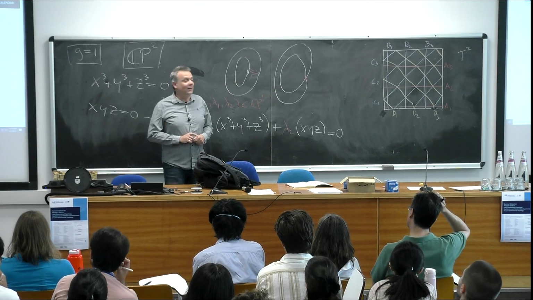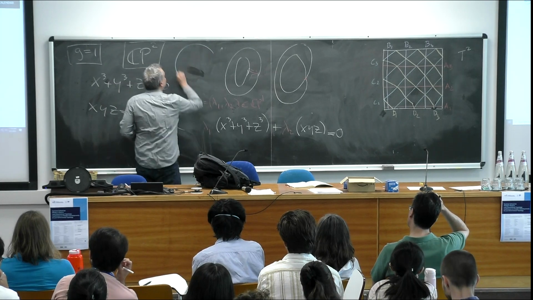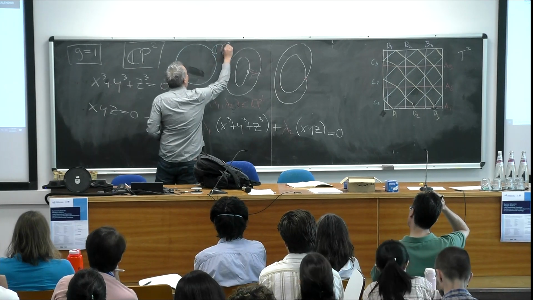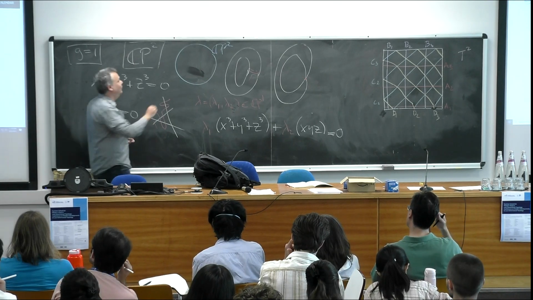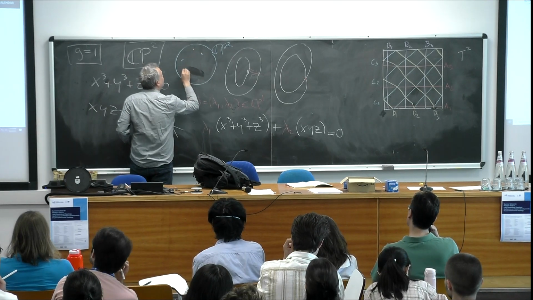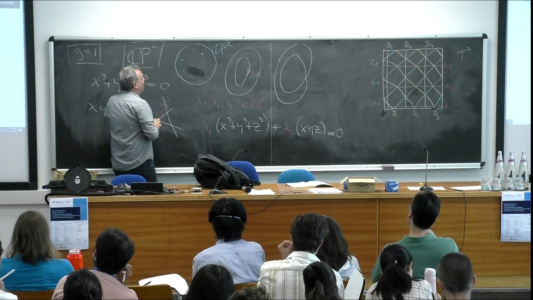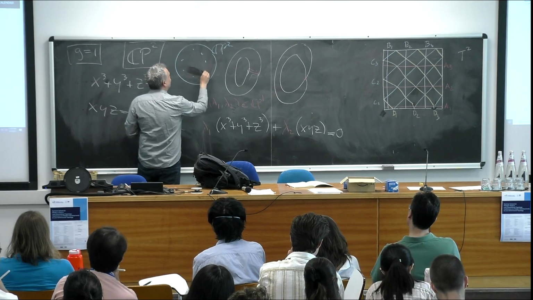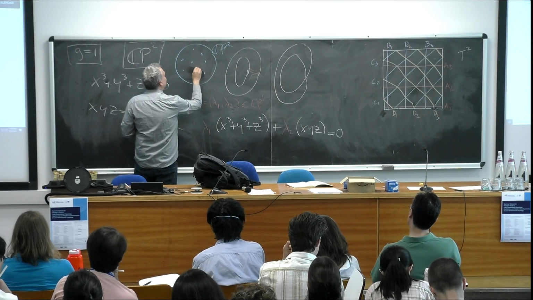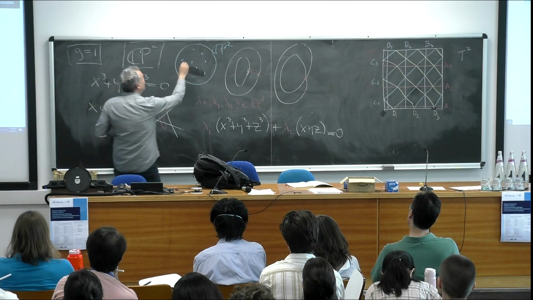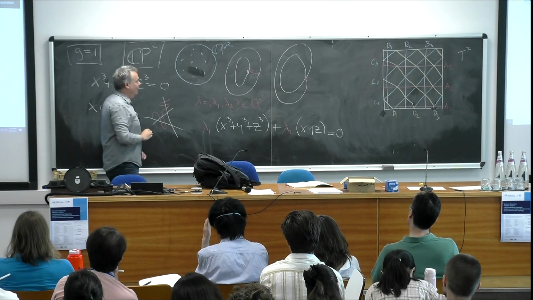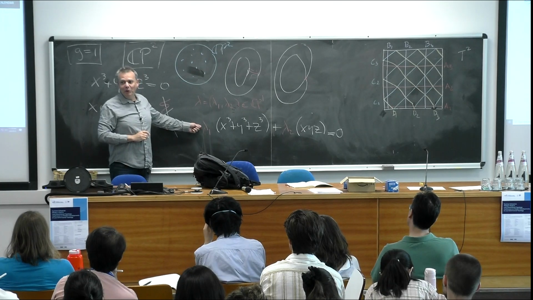So which means that if I have a generic point, this is my CP2, I have 9 special points. These are the intersections. These are 9 special points. But apart from these 9 points, every point will be able to decide what is the corresponding lambda 1 and lambda 2.